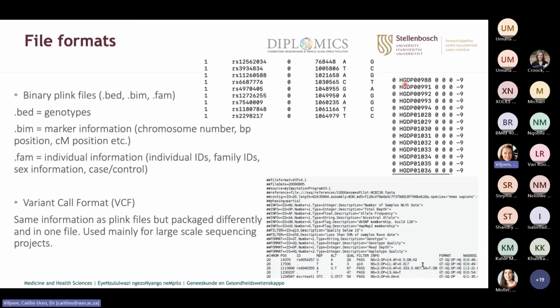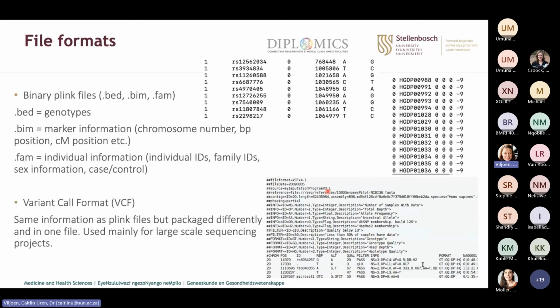Okay, so the second file that we have is the variant call format. You'll see the screenshot on the right-hand side of a variant call format file, and this file is generally used for sequencing projects. Very loosely, I'd say it's the same information as in the Plink files, but it's packaged differently.